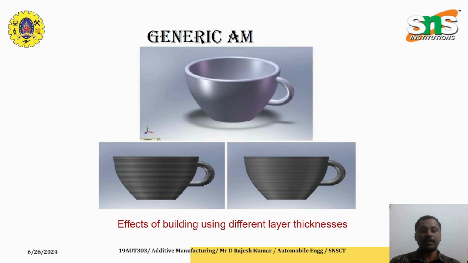In the first image, the layers are visible and the finishing is somewhat rough compared to the right-hand image. In that image, the product is somewhat smooth, and the layers are still visible. This is because of the layer thickness.